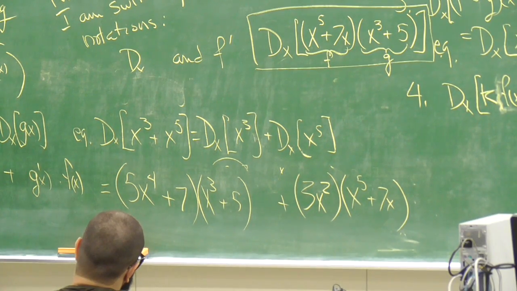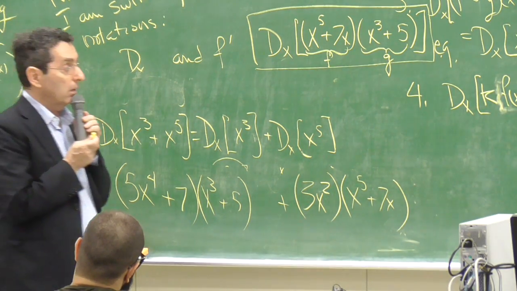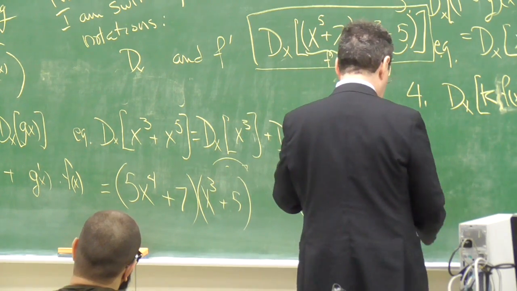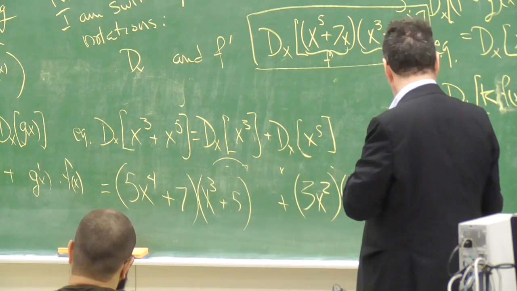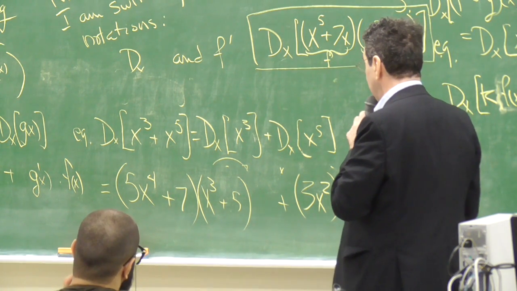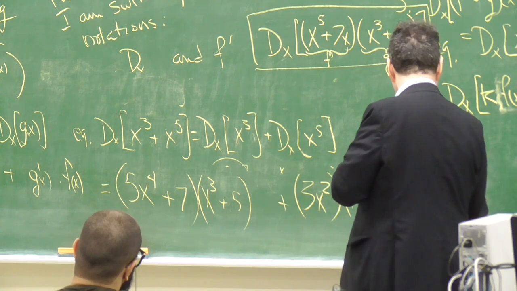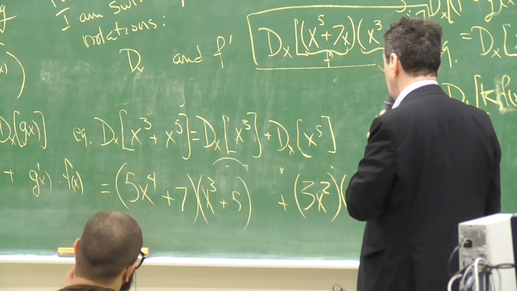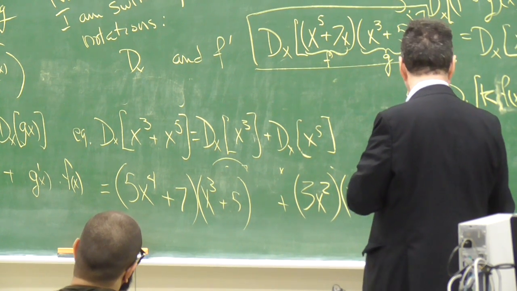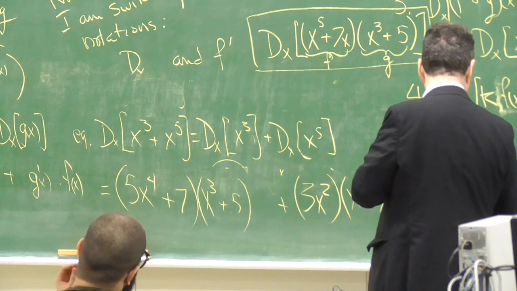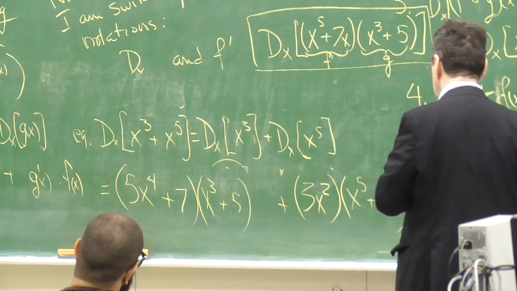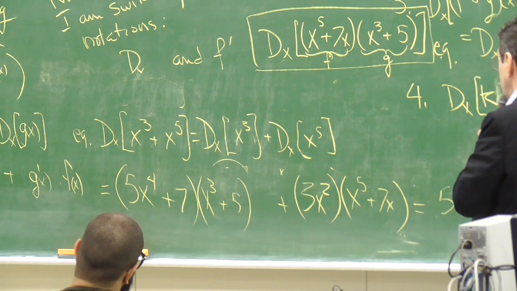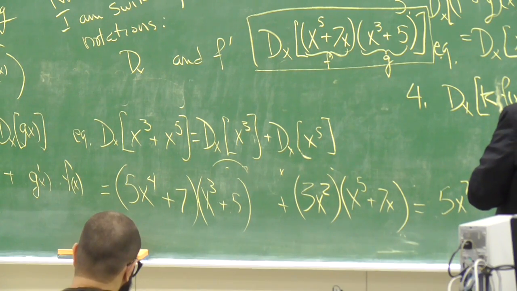Now we can check it by checking this one also. Let's first multiply this out. So what do we get? Okay, what do we get? 5x to the 7th plus 7x, plus 25x to the 4th plus 7x cubed plus 35, right?